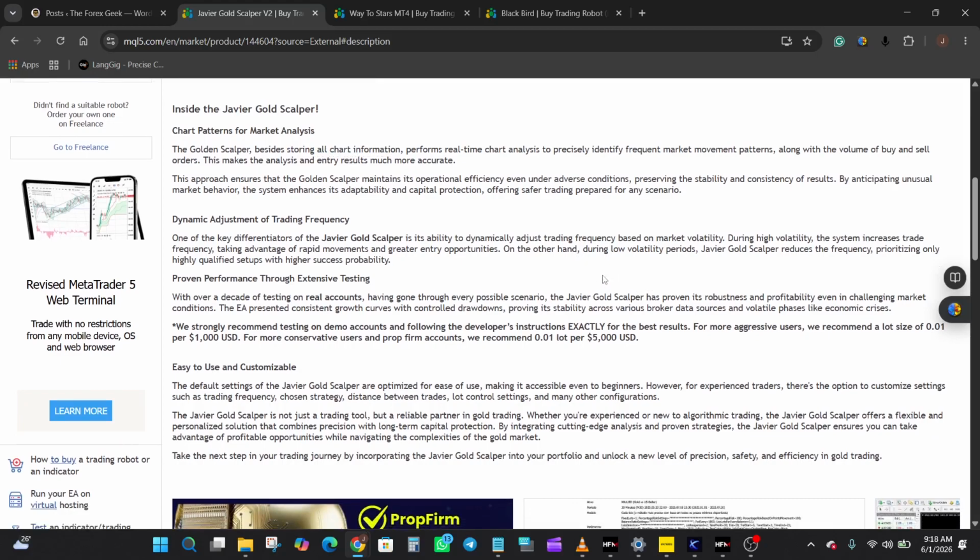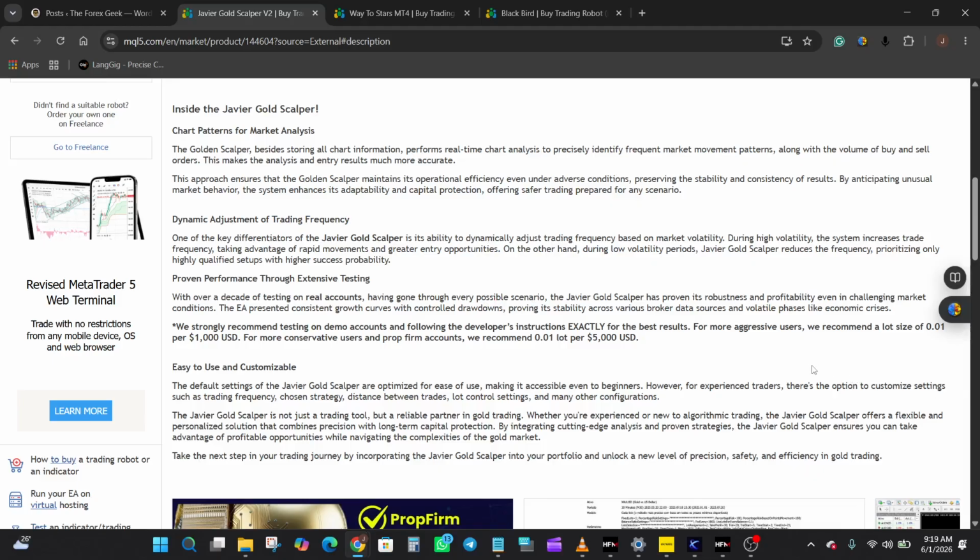Another feature discussed is the EA's ability to dynamically adjust trading frequency based on market conditions. The developer explains that during periods of higher volatility, the system may increase trading activity to take advantage of additional opportunities. Then during lower volatility conditions, it reduces activity and focuses on what the developer describes as higher quality setups.